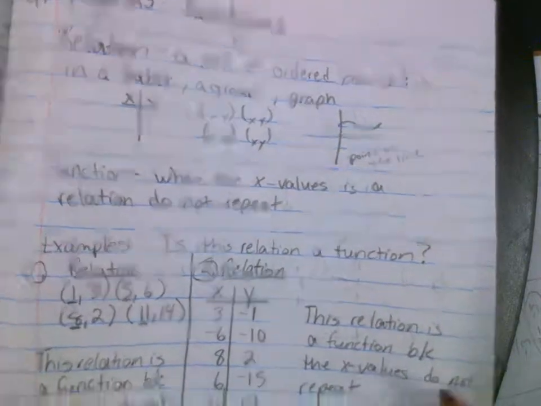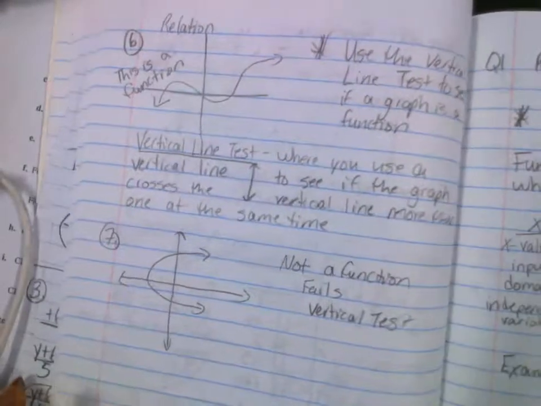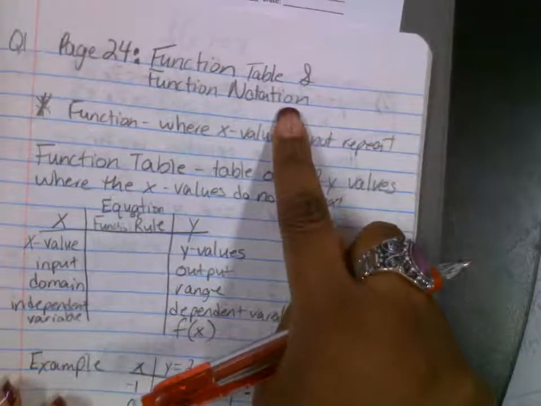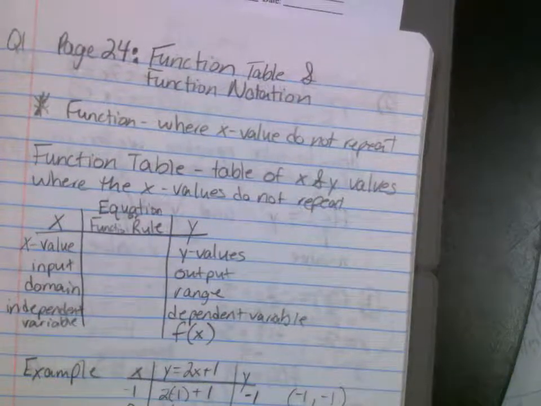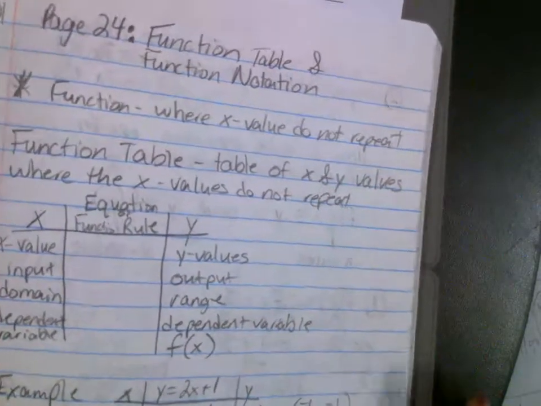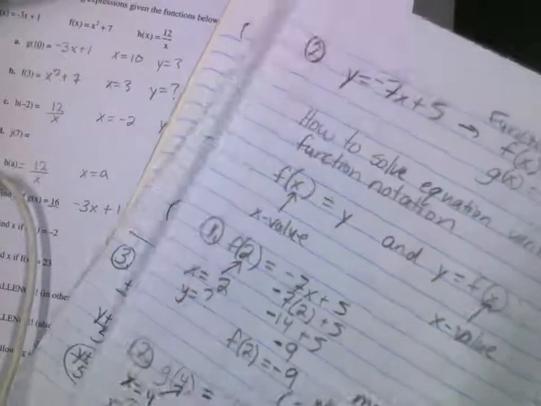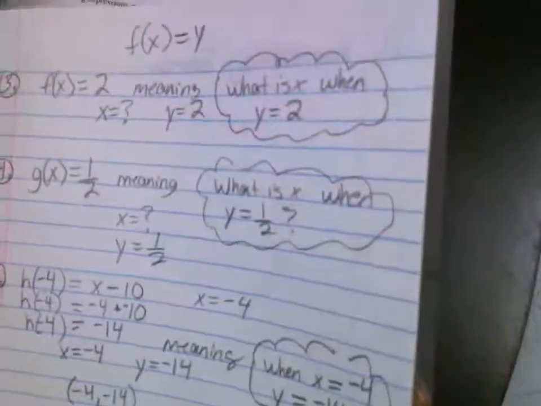This is what that looks like. Go back and watch the video if you didn't get that. 24 is function notation, function table, and function notation. This is what the note should look like. That's the rest of page 24. That was in the video.